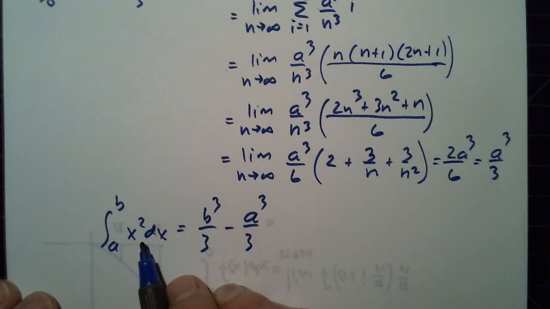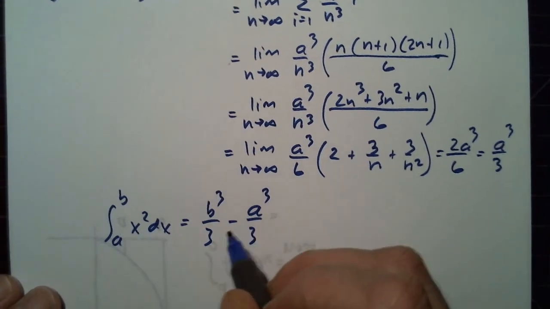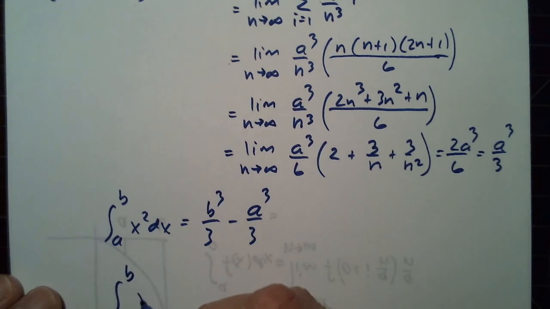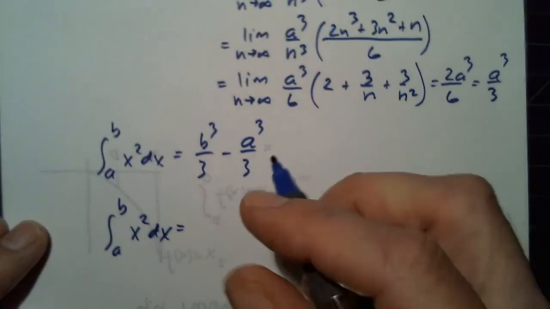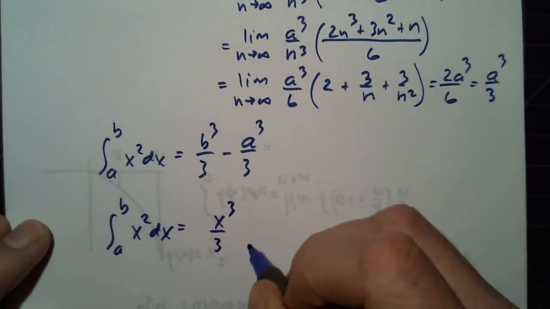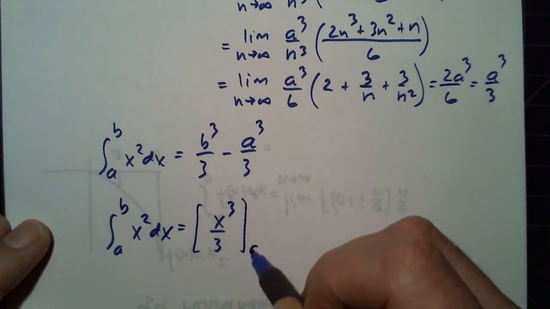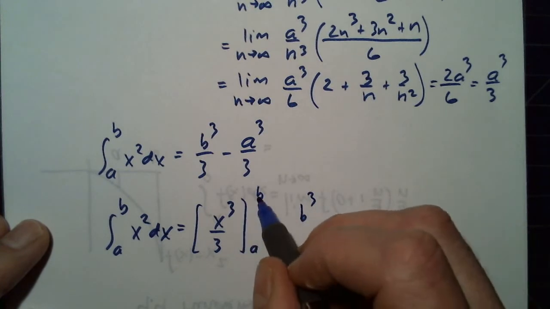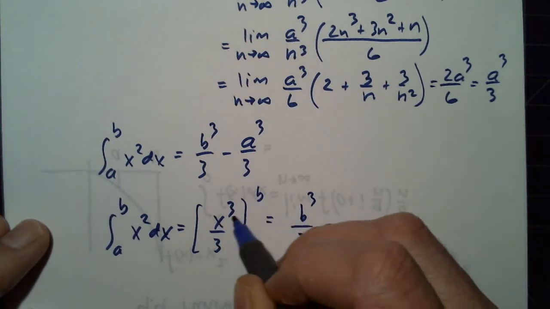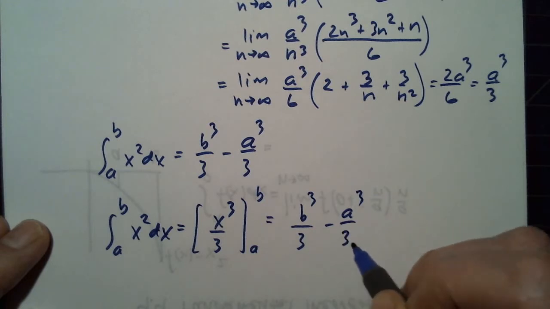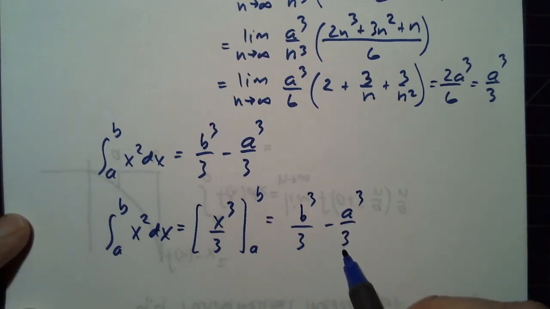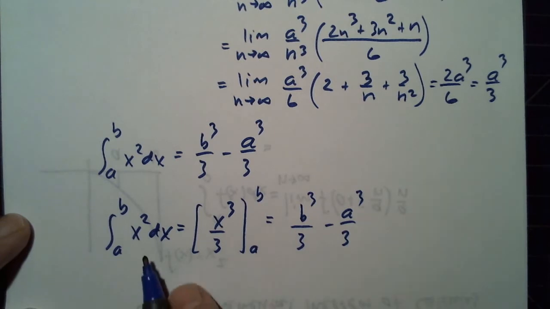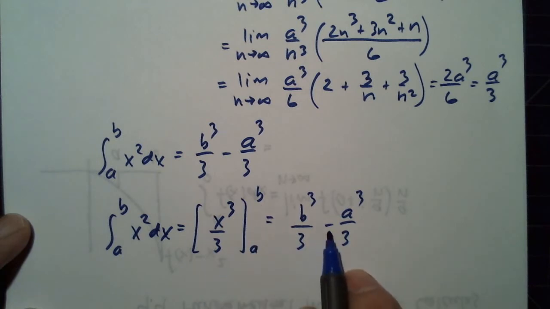The antiderivative of x squared is x cubed over 3. And then if we throw in that notation, now we have b cubed. We substitute the b, substitute the a, and that's what the fundamental theorem of calculus tells us to do. We do the antiderivative, we substitute the limits, and then subtract.